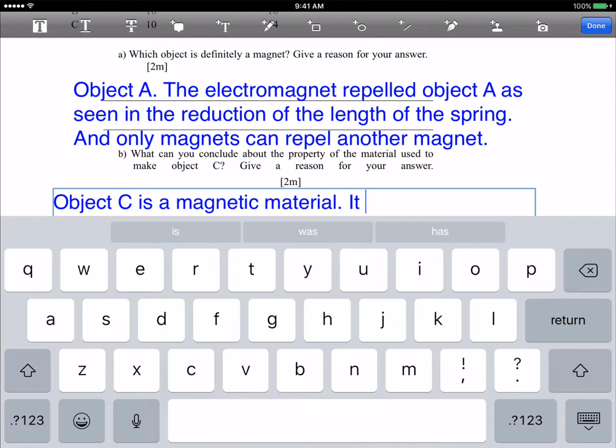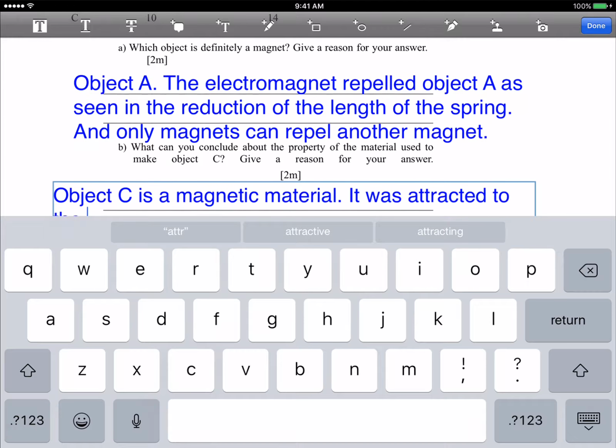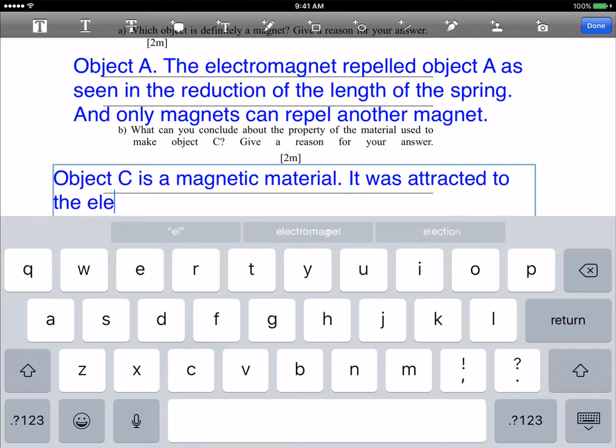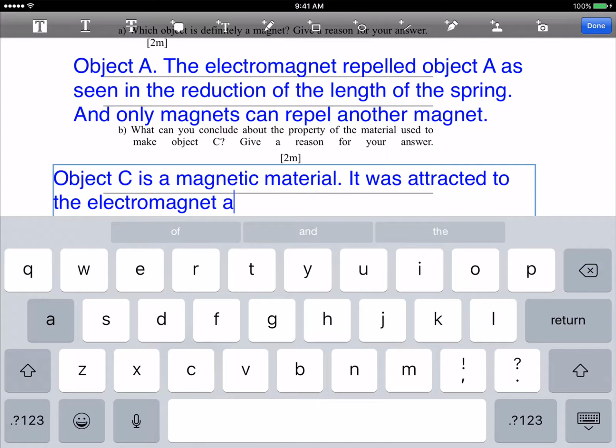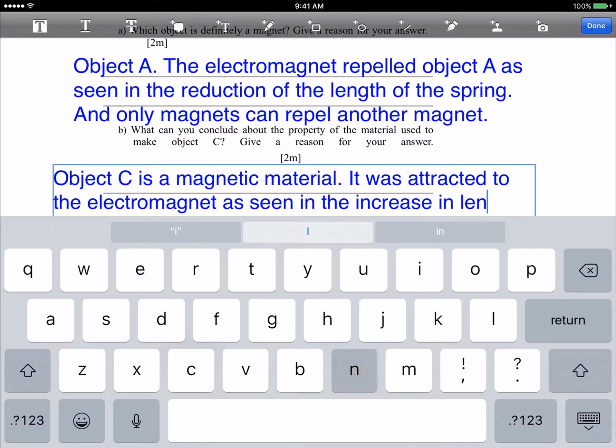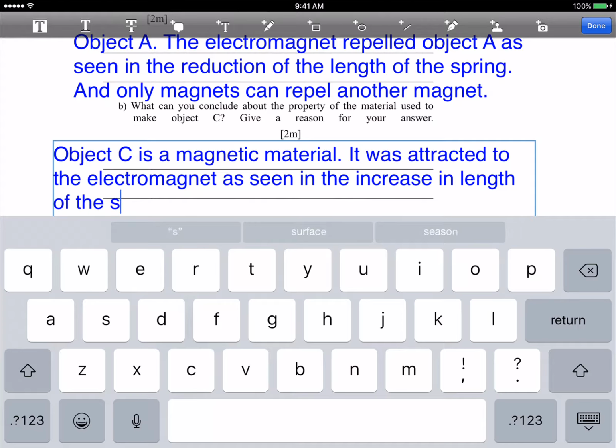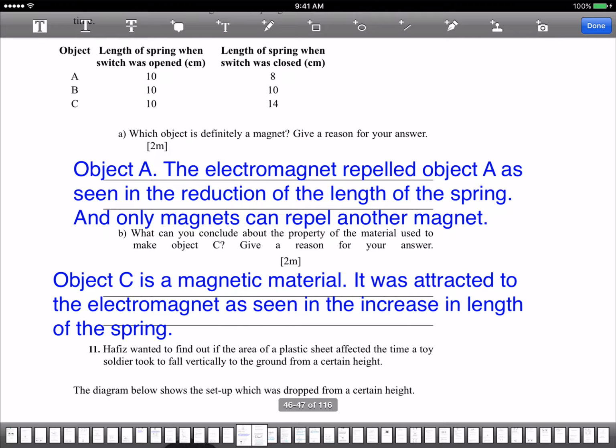It was attracted to the electromagnet, as seen in the increase in length of the spring. So we are referencing the data.